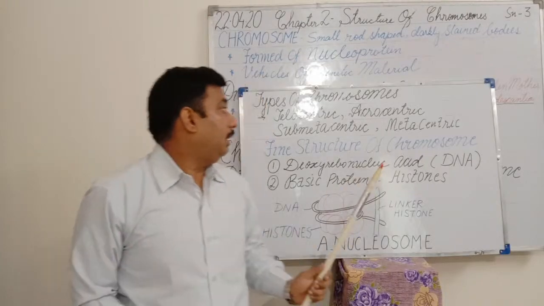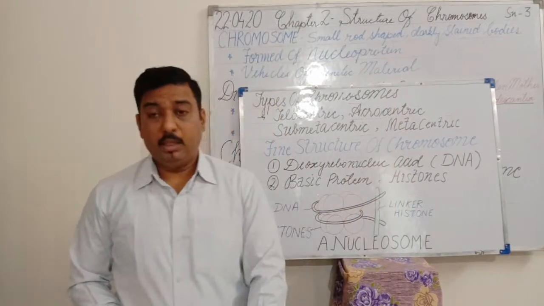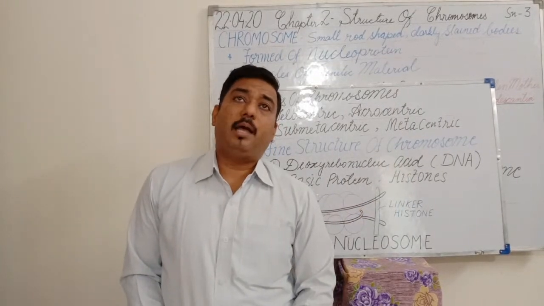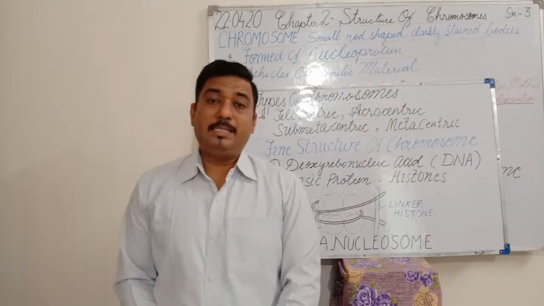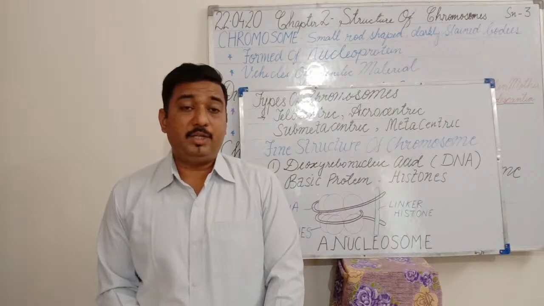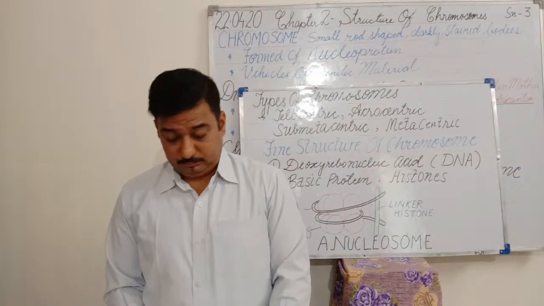Let us come to the next one, that is metacentric. Metacentric chromosomes are also termed V-shaped chromosomes because they attain the English alphabet V shape.